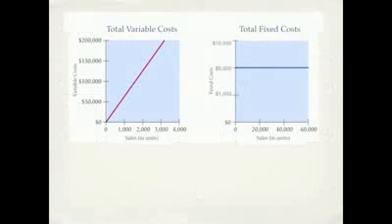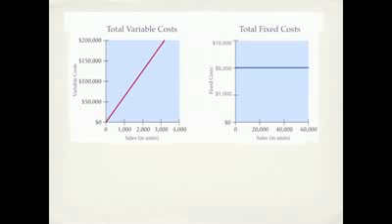So let's look at a couple of graphs so we can get a picture of this representation. The graph on the left represents our total variable cost. We're given our sales in units on our x-axis, and our y-axis is our variable cost. You can easily see as our sales increase, so does our total variable cost. Unlike our diagram on the right, our total fixed cost.